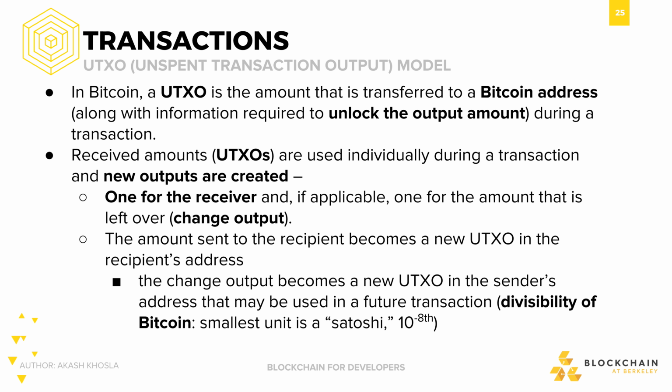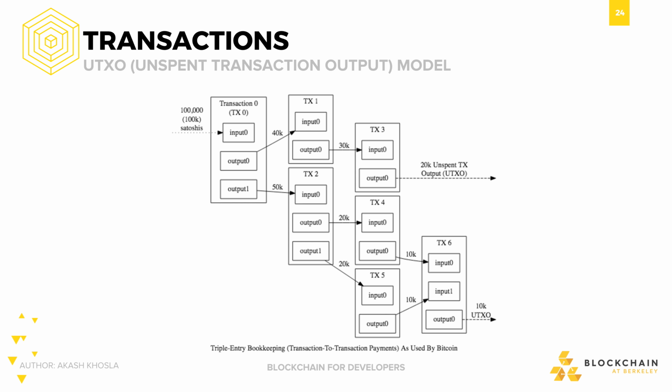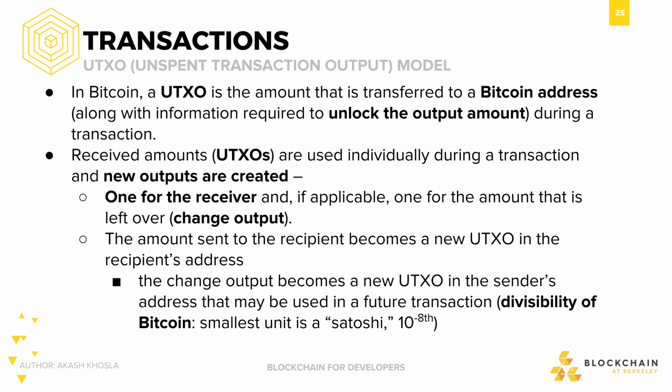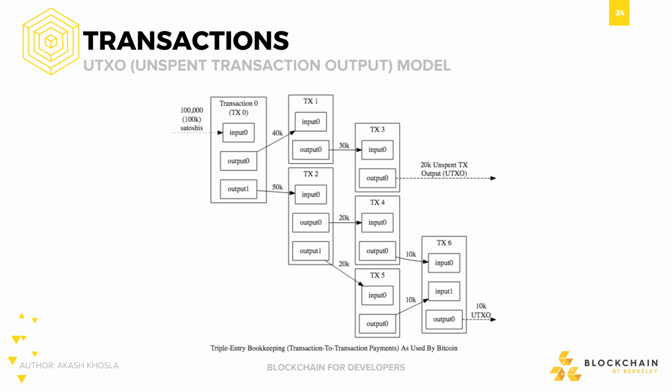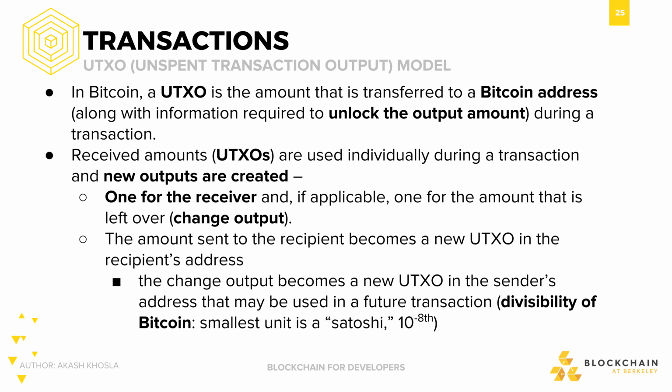Then I can split it, and I eventually end up with the remaining UTXO that goes to my address, and the other person gets the UTXO in the amount that we decided when spending. So remember that divisibility of Bitcoin happens this way, and the smallest unit is a Satoshi. It's 10 to the negative eighth, so you can send very small payments, and this allows for micropayments.